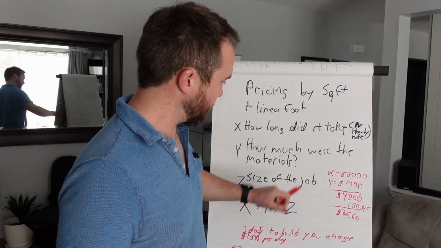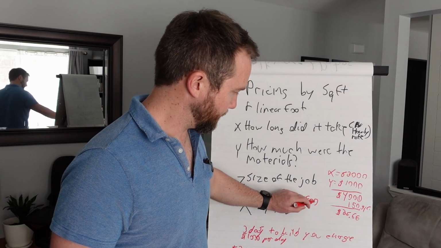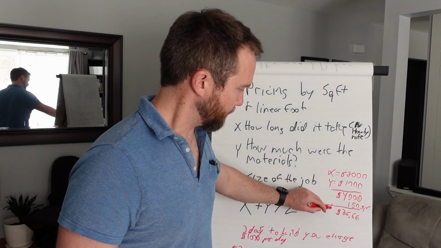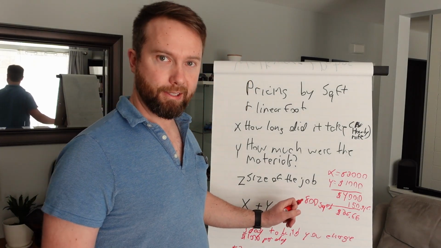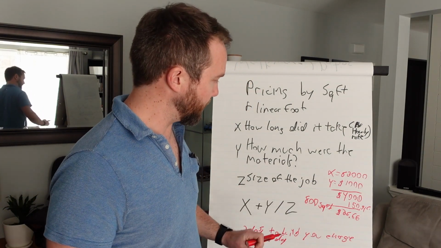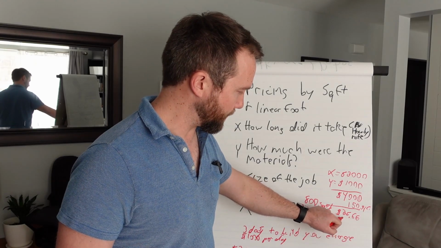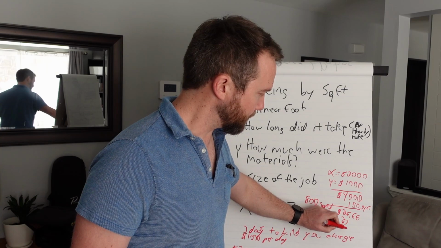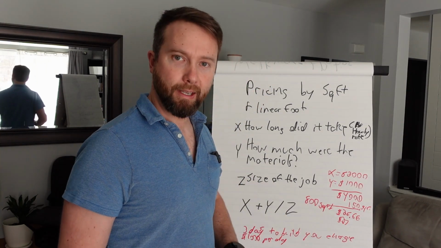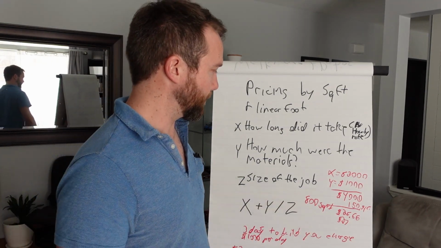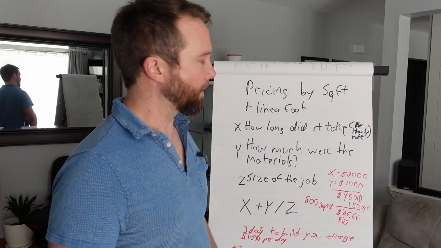And then when you go to price another job, let's say the next job is 800 square feet. Sorry for my sloppy handwriting here. Then all you got to do is take $26, round it up to 27, and times it by 800. And then boom, it gives you the exact price you need to charge to build that 800 square foot patio.